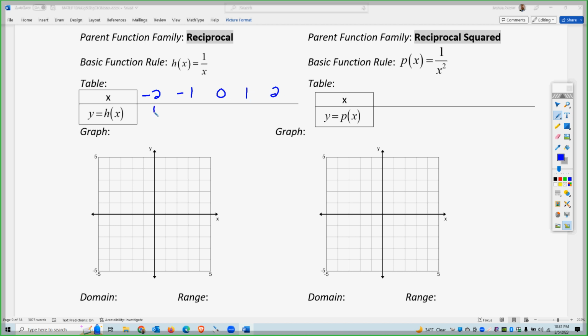So I'm going to get 1 over -2, 1 over -1, undefined, right? 1 over 1, and 1 over 2. Okay, so at -2, I'm at -1/2. At -1, I'm at -1. At 0, I'm undefined. 1, I'm at 1. And 2, I'm at 1/2. Well, that's not really enough for a graph, so you got to keep thinking what's going to happen. If I plug in 3, I'll get 1/3. If I plug in 4, I'll get 1/4, right?